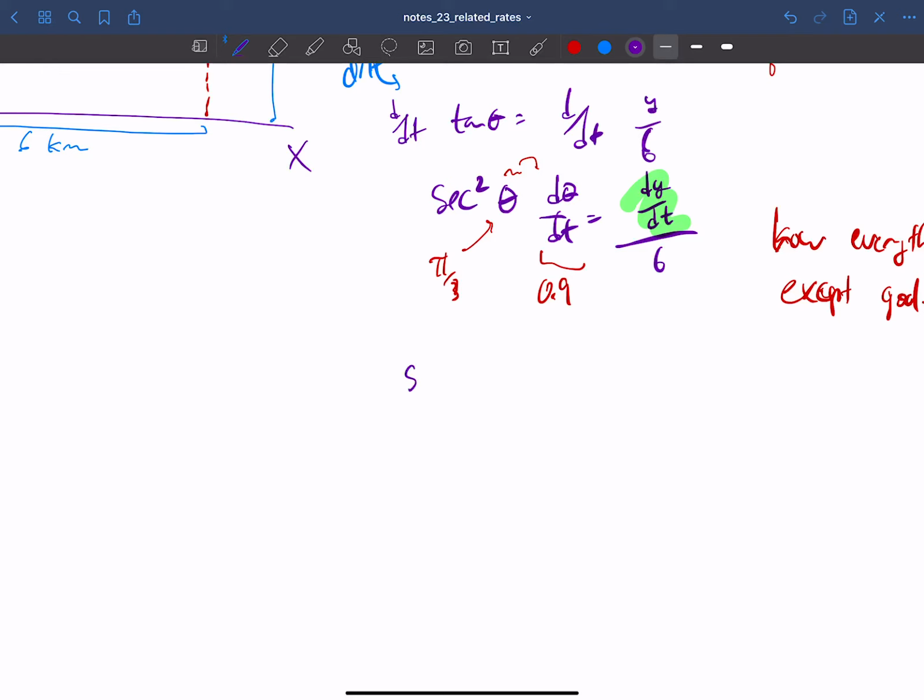So I have that secant squared of pi over 3 times 0.9 is equal to dy/dt times 1 over 6. It's just another way of writing the same thing. For the secant squared of pi over 3, let's figure out what that is. Secant squared of pi over 3 is equal to 1 over cosine squared of pi over 3. I've got my circle. Pi over 3 is down here.